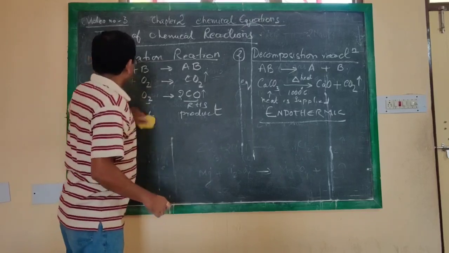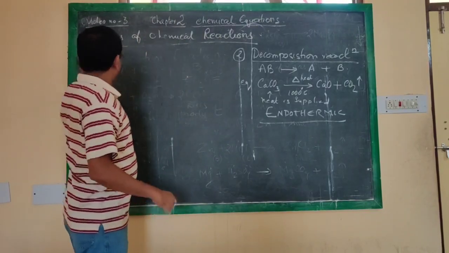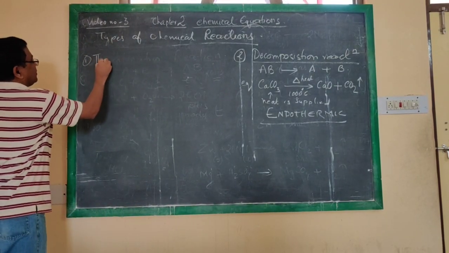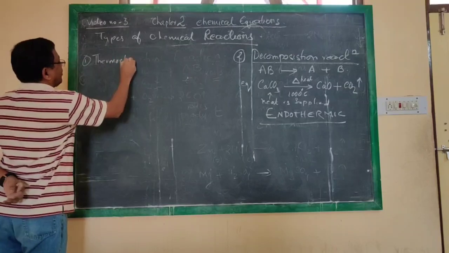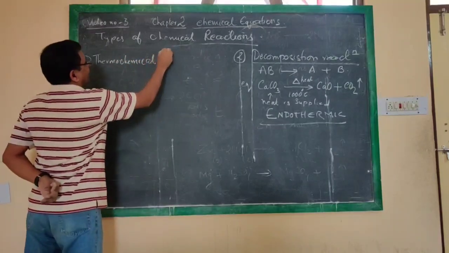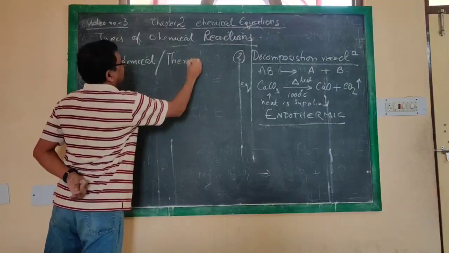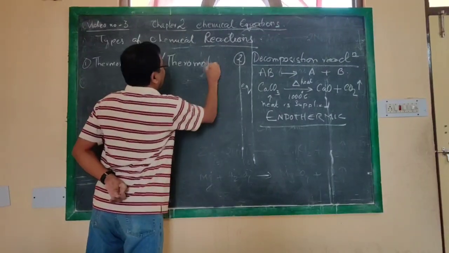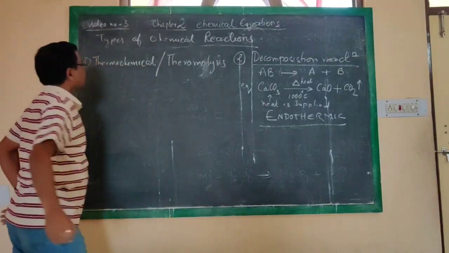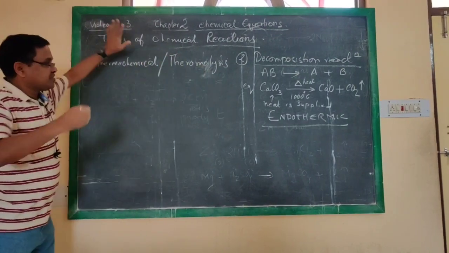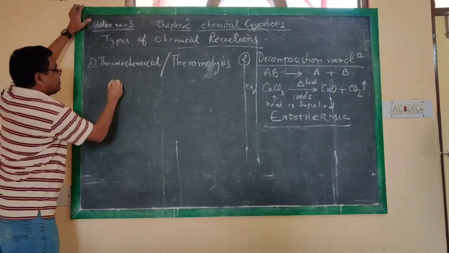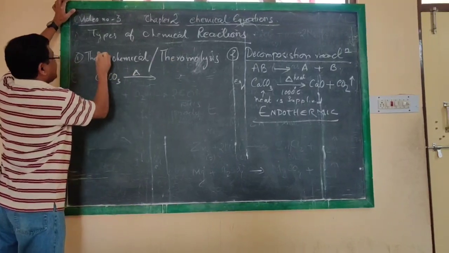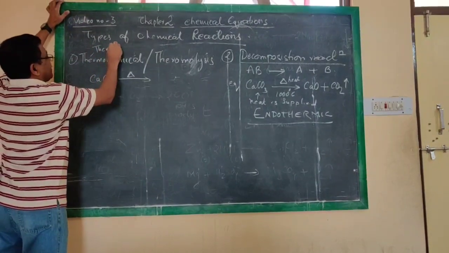Now, this decomposition reaction also has a few types. First one is thermochemical, or we can call it thermolysis, L-Y-S-I-S. Same example we can take for that: CaCO3.